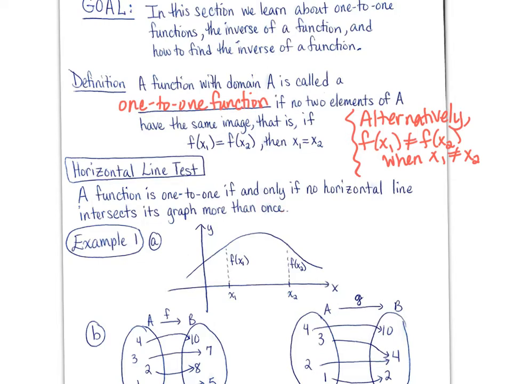So if we take this horizontal line here, does it intersect the graph more than once? Yes. So is this function one-to-one? No. Very good. This function is not one-to-one because it does not pass the horizontal line test.